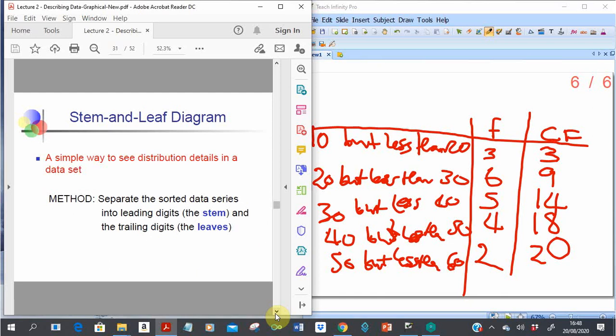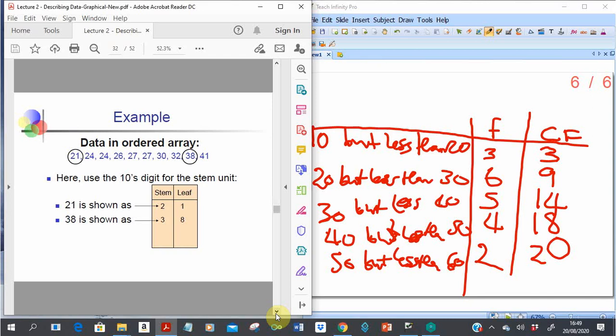Okay, we now move to the stem and leaf diagram. This is also a very simple way to see the distribution. In this way of describing data, we have to sort the data first, and then separate the leading digits, which are the stems, and the last digits, which are the leaves.